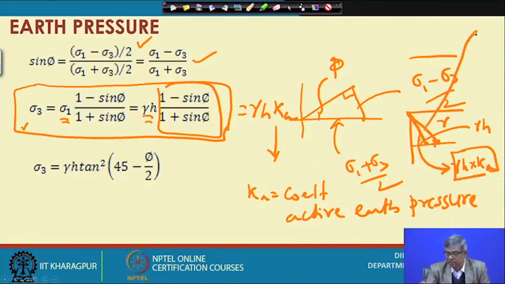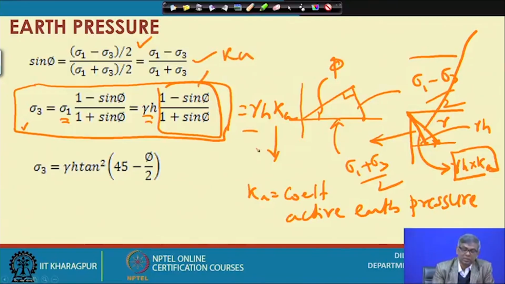This is the vertical stress diagram, and this is the active earth pressure diagram. So how are vertical stress and active earth pressure related? Just by multiplication by Ka. You can see here gamma h into this, and this is nothing but Ka. So gamma h Ka is the sigma 3, and this can also be written as Pa, the active earth pressure intensity.